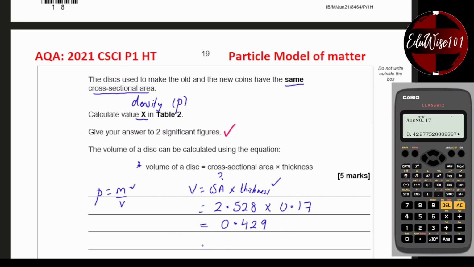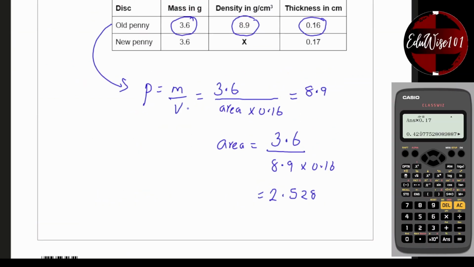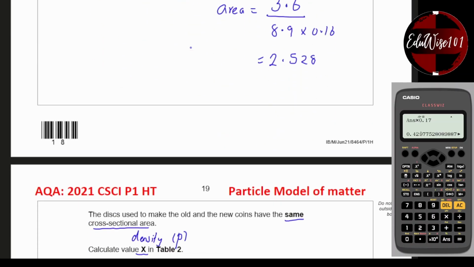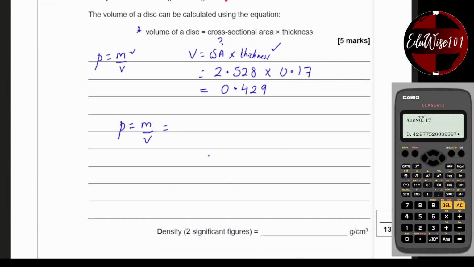Now I can use that volume in this equation. Density equals the mass divided by the volume. What was the mass of the new coin? Which is 3.6. So 3.6 divided by 0.429.